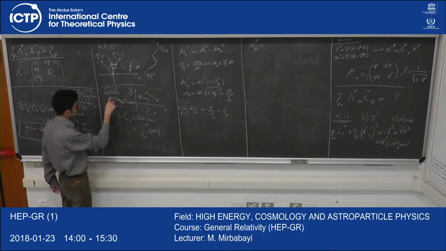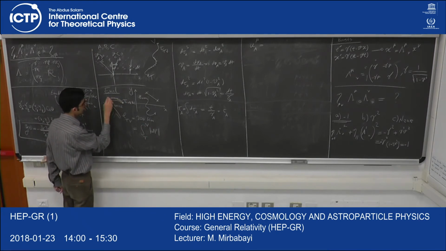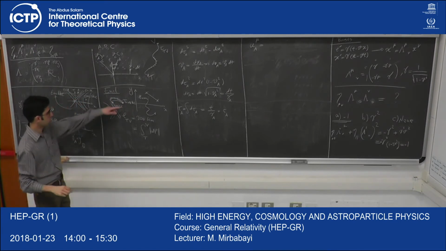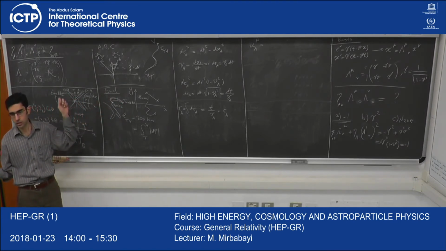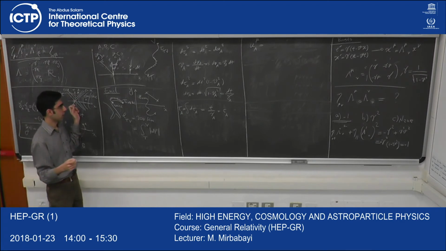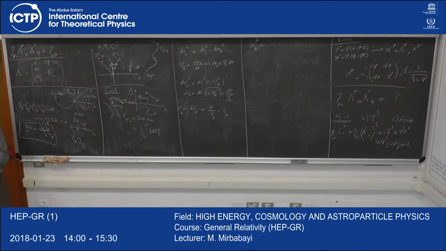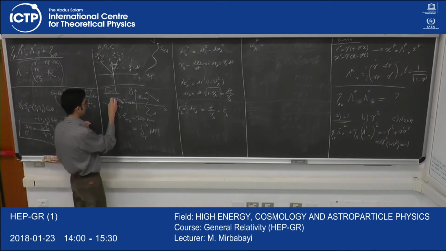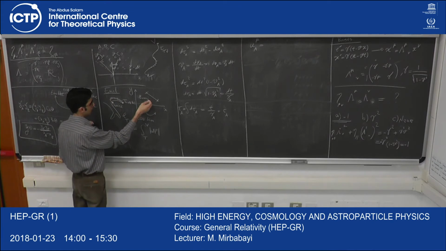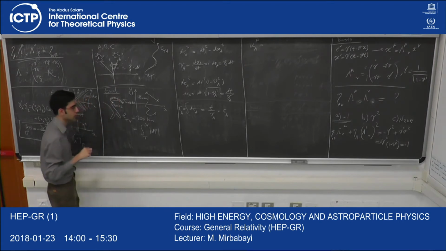Let's consider this example again. We had this road going from Trieste to Venice. This road is a curve on this plane. On any curve, we can define a tangent vector, and since we have a notion of a distance, we can also normalize it, so we get a unit tangent vector.